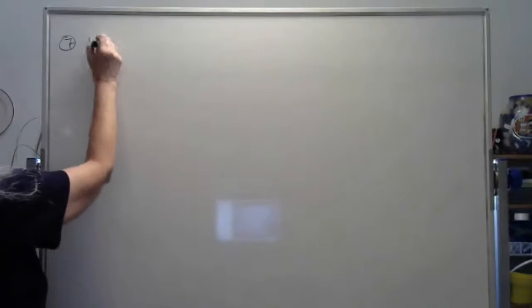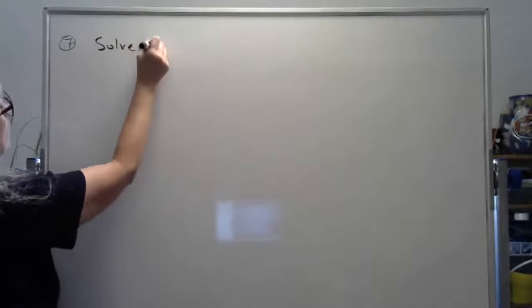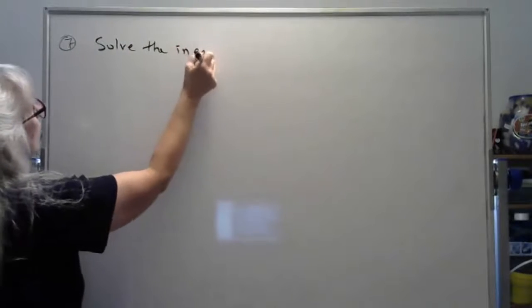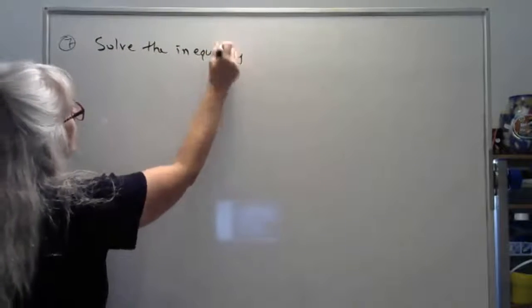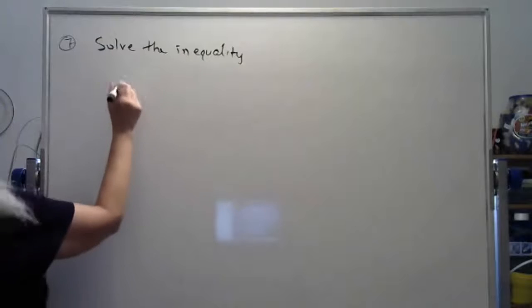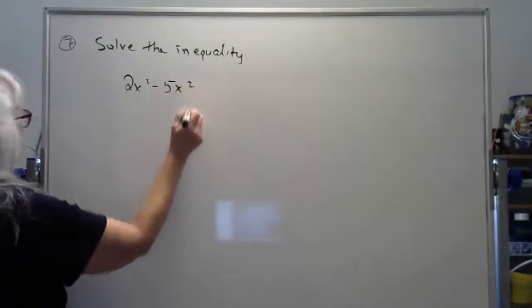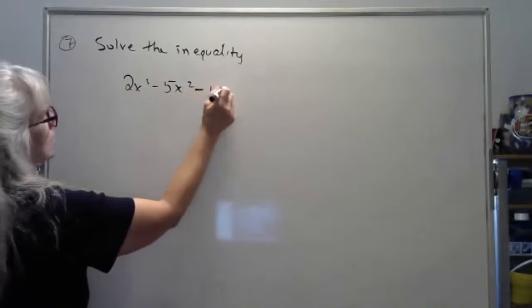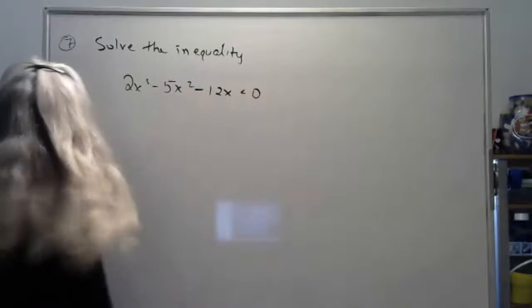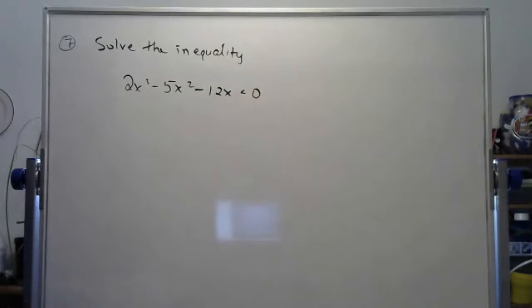So number 7, I want to solve the inequality. So I'm going to do 2x cubed minus 5x squared minus 12x is less than 0.